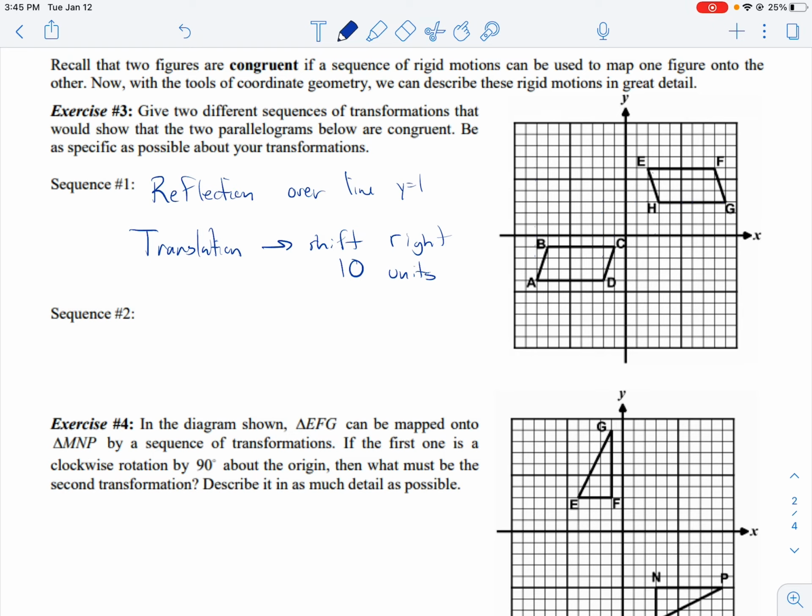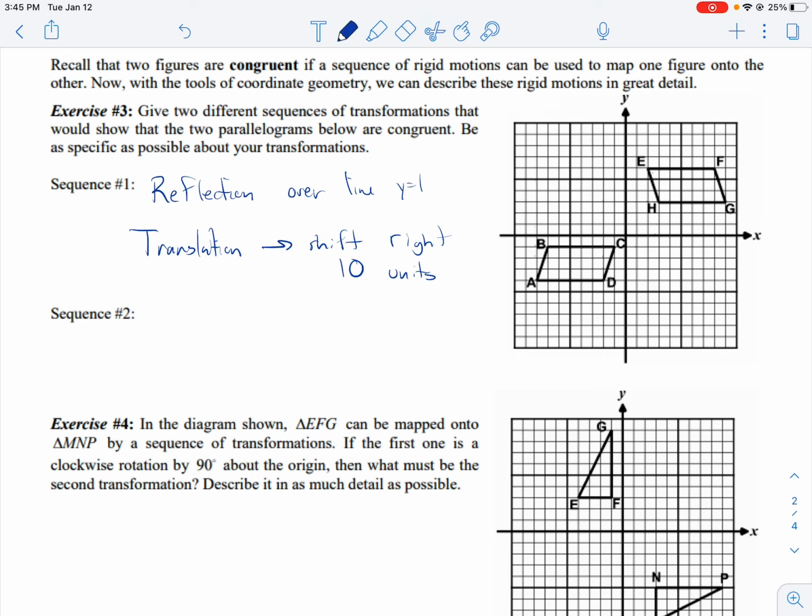Let's see, I have 1, 2, 3 spaces in between then. Okay, how about this?